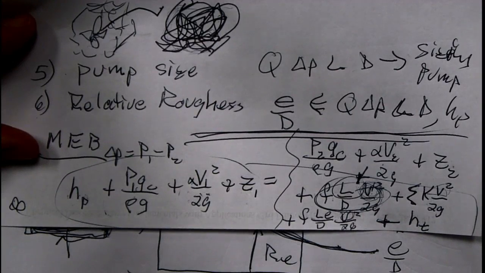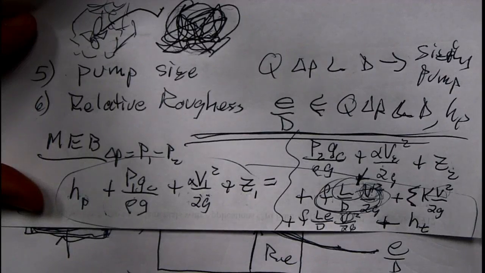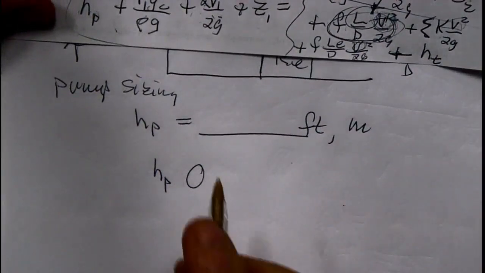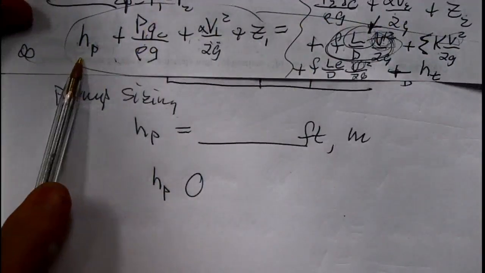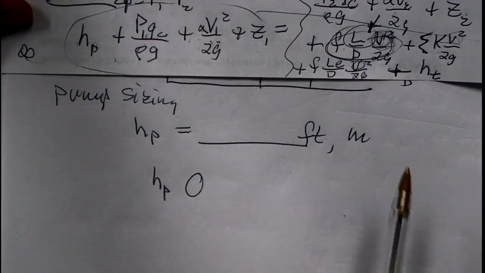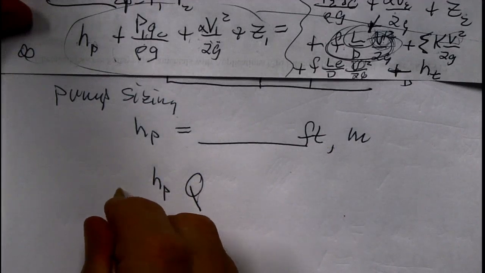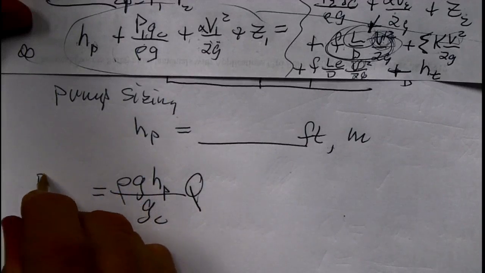Those are the two common units. Let's go back through that. You have the mechanical energy balance. You fill in all the data, and then you calculate H_p. You find out H_p is equal to a certain head of the pump. Then you take that head and multiply by the volumetric flow rate and probably throw in a rho g over g_c, and suddenly you get horsepower.